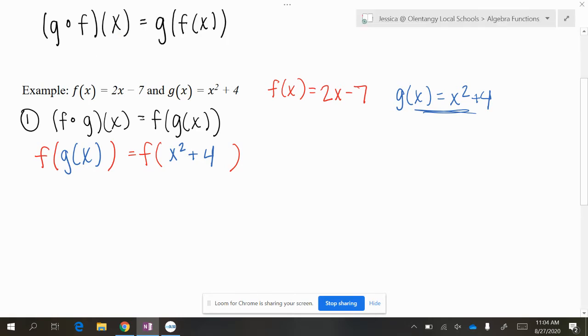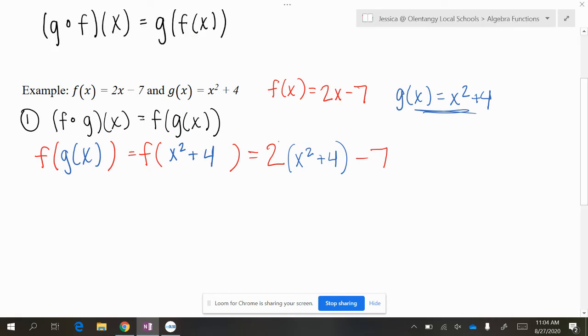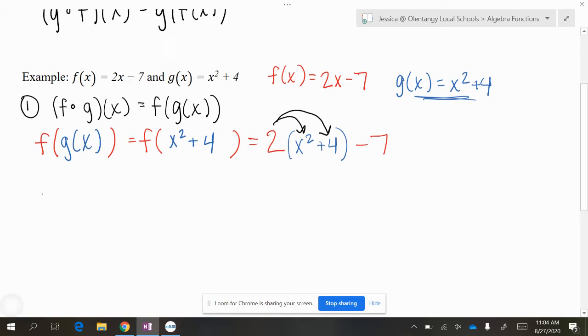So let's look at f of x. I have 2. I see an x, so I'm going to plug in g of x: x squared plus 4. And then keep going. Minus 7. Now, just to simplify our terms, we have to distribute that 2 in.